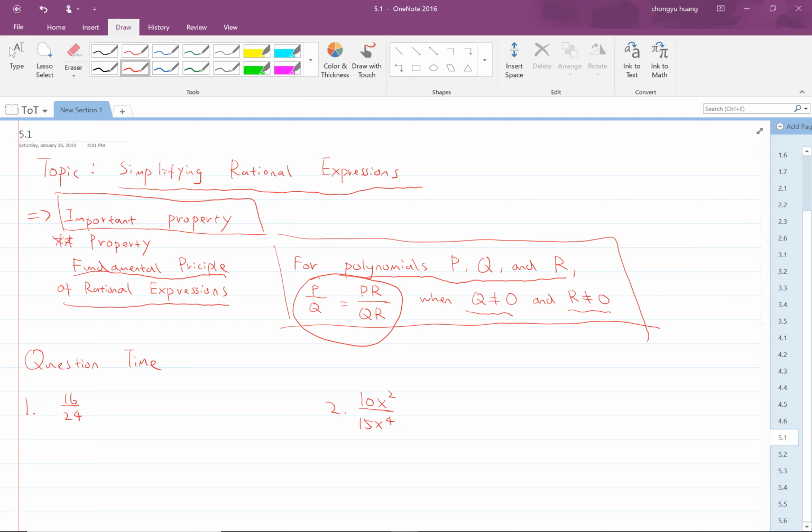That's why over here we have Q not equal to 0 and R not equal to 0. So that's the only really important property for solving these problems. Just keep it in mind, because we're going to use it a lot. Let's move into the questions.